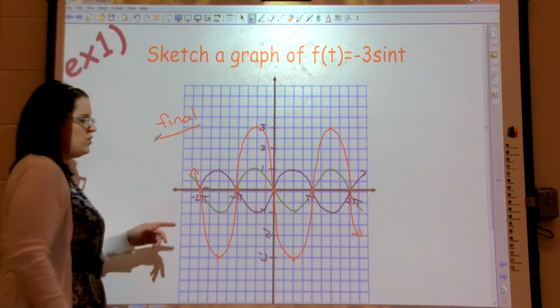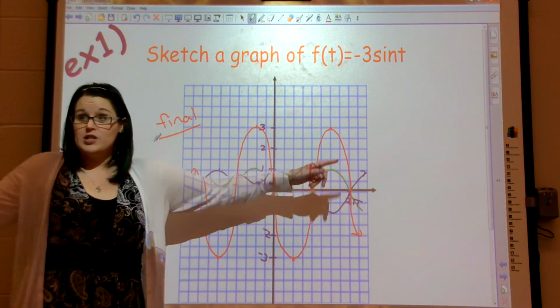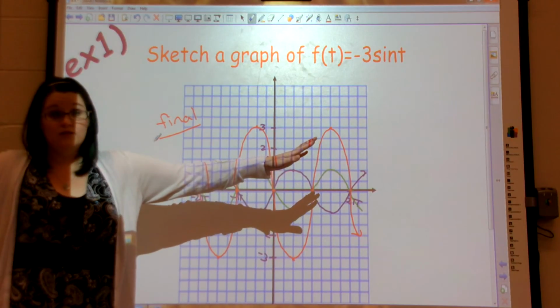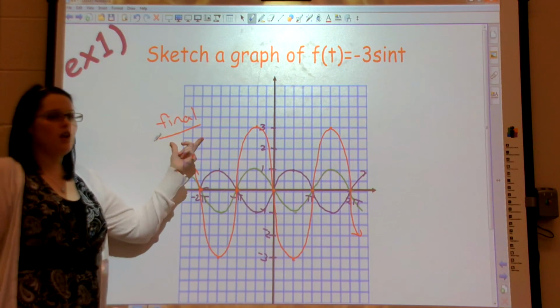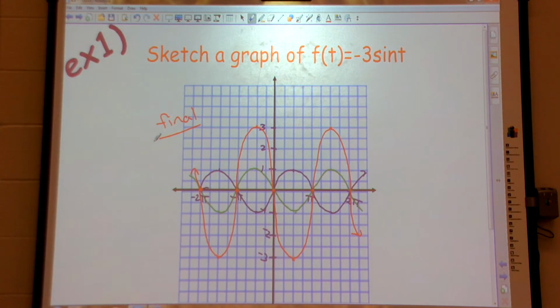And the last thing you do is put arrows on your graph, because it goes on forever and ever, correct? And write the word final in your final color, so I know which one is your answer.